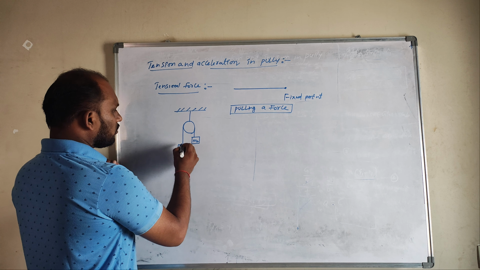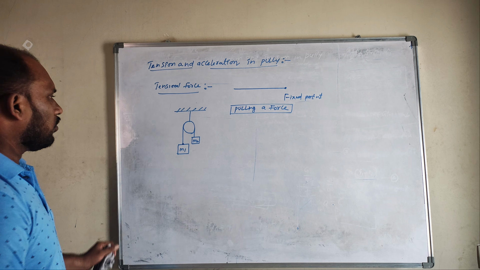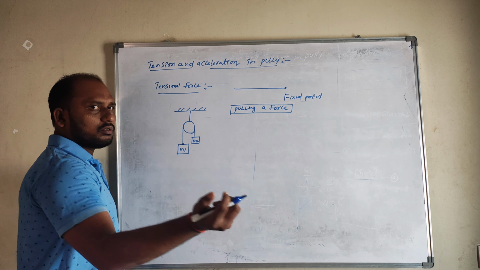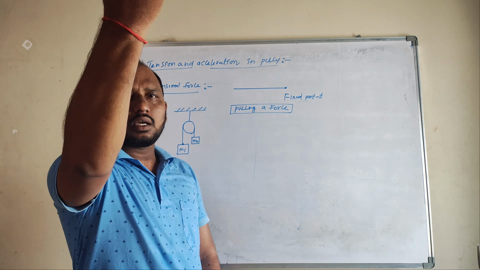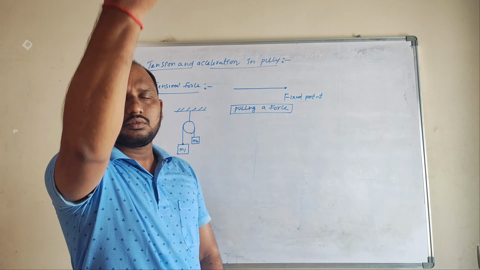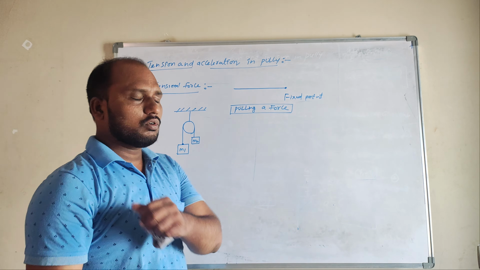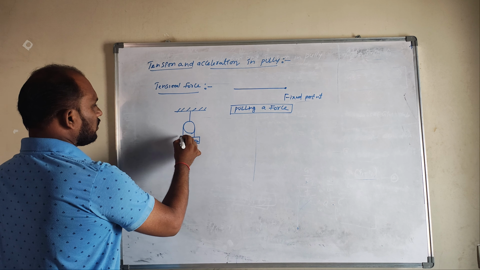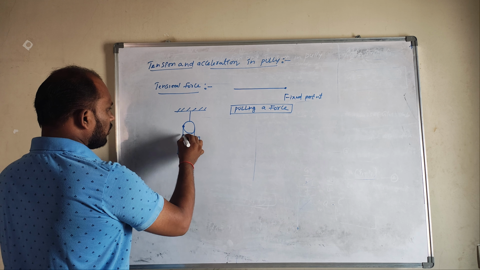Just now I told you tension is a pulling force from the fixed point. So let's say this is the fixed point and this is the pulling force. Like this you have to pull it.